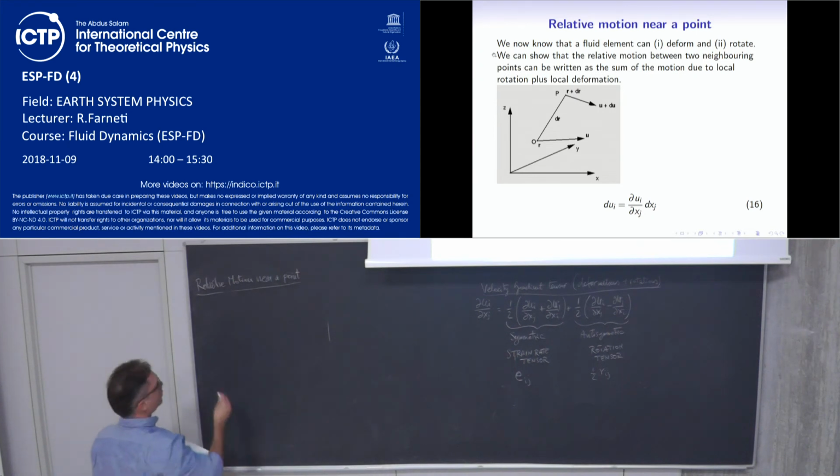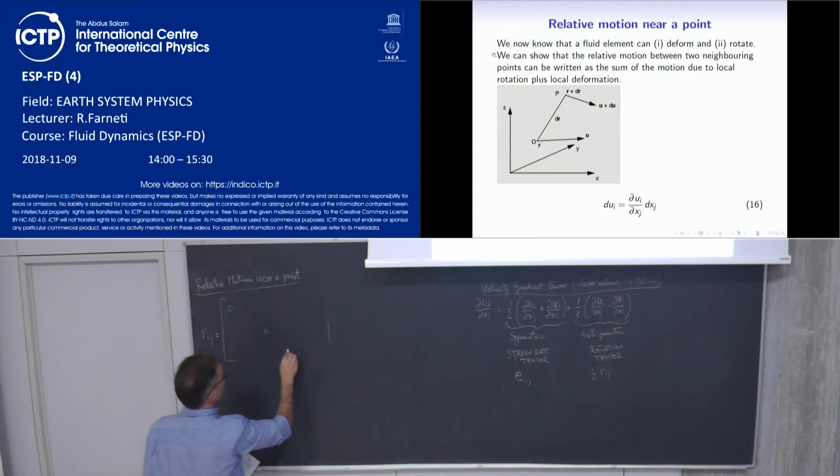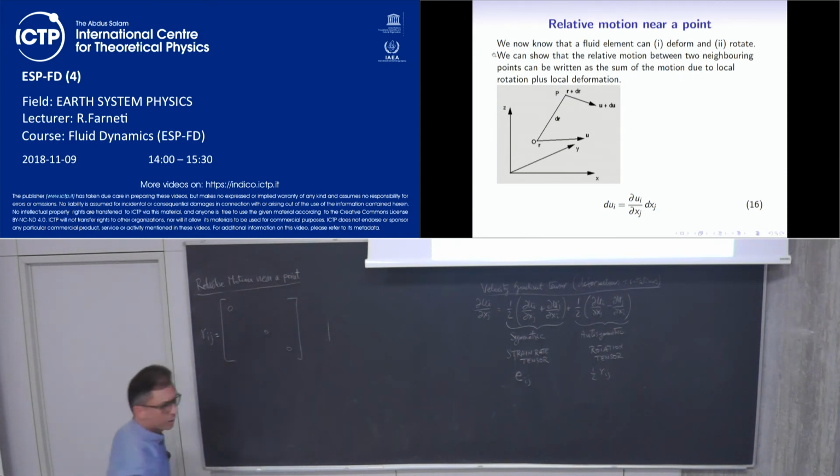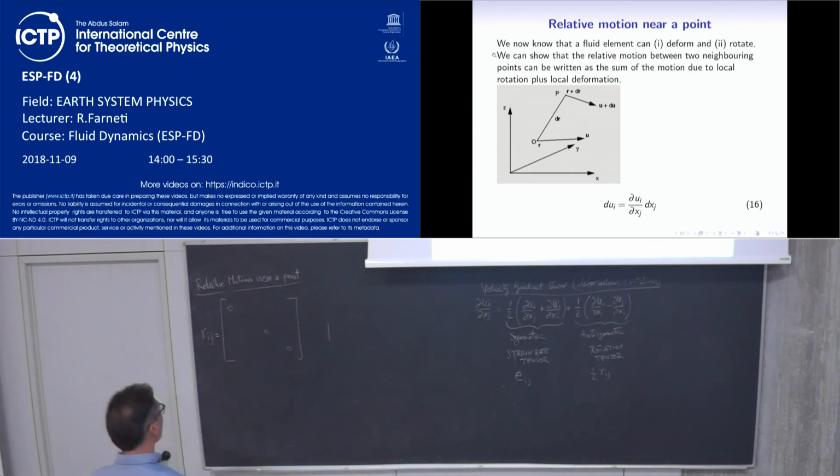Whereas the rotation tensor R_ij, which is the antisymmetric part of the velocity gradient tensor, has diagonal terms that are equal to 0. Okay. R11, minus R11, R22, minus R22, and so on and so forth.